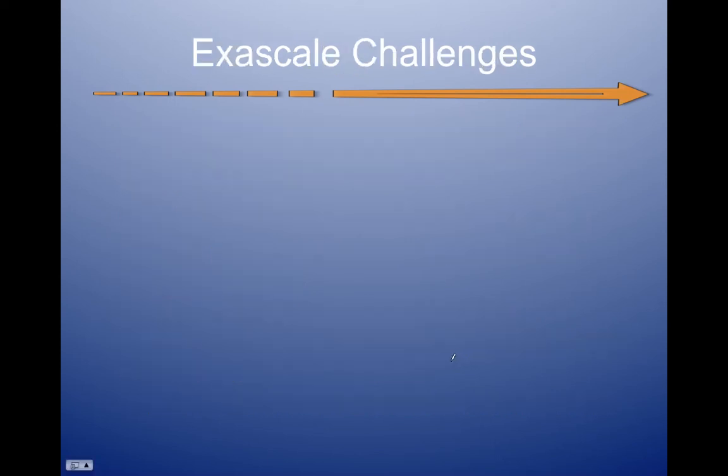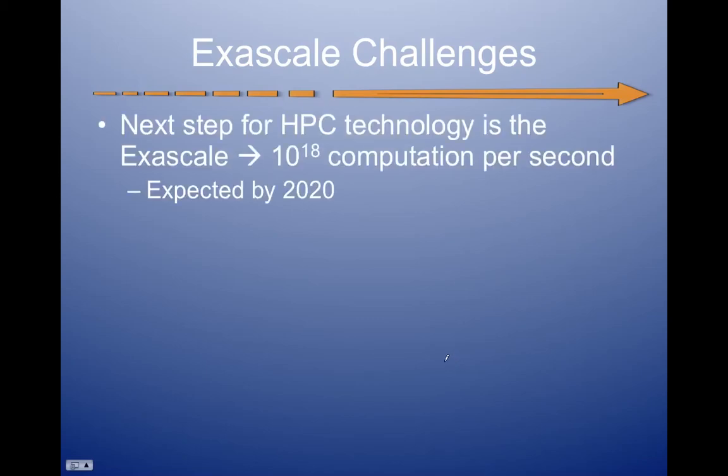The current challenge for HPC is the Exascale Challenge. Exascale is the idea of getting a computer capable of delivering 10 to the power 18 computations per second. And it would be nice to have that by 2020. The idea is that every 10 years you provide a factor of 1,000 in computing power.